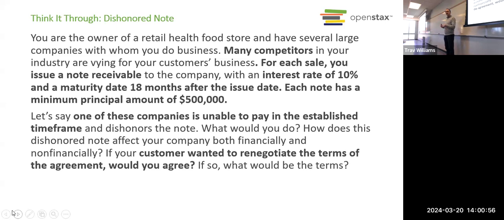We have our own internal collections department. You can tell them, go after this guy. Call him every day. Send them letters threatening to sue. Intimidate the guy, within reason. We could try that.